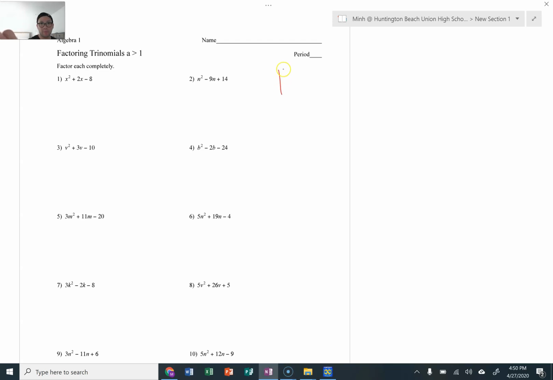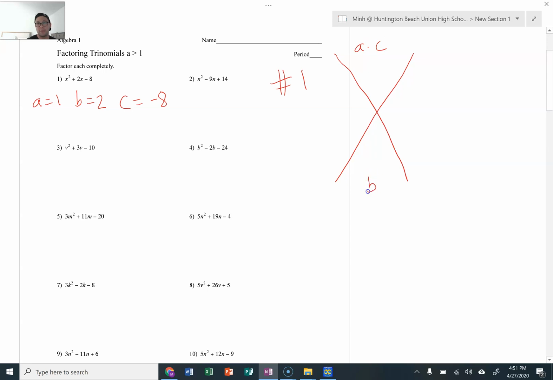So for number 1, we have x squared plus 2x minus 8. We established that a was equal to 1, b is equal to 2, and c is equal to negative 8. We drew an X puzzle, so we had a times c on the very top, b on the bottom.